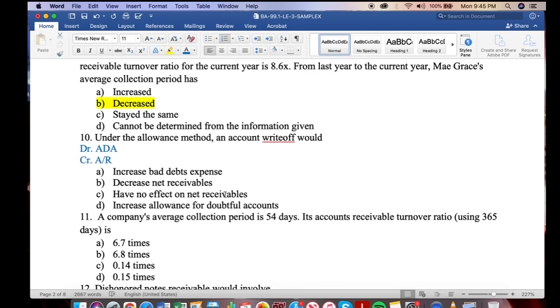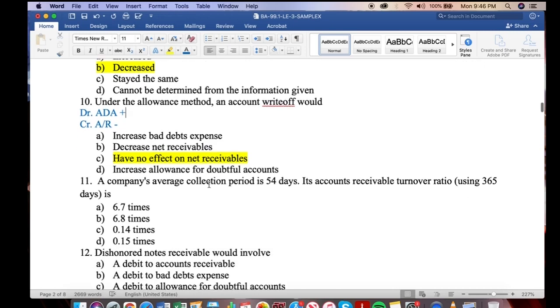No. Have no effect on net receivables? That's the answer. Okay, bakit? Kasi bumaba si AR, bumaba si ADA. Kontra AR si ADA, edi parang positive na rin yan. Minus, minus. So, positive, negative, net effect, 0. So, no effect on net receivables.